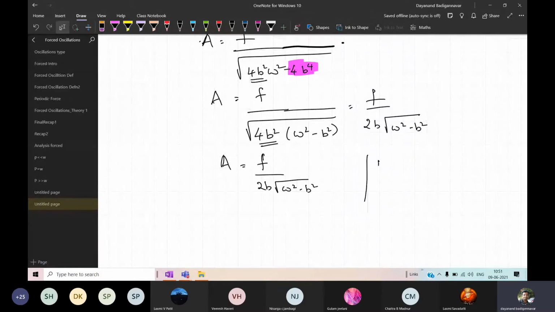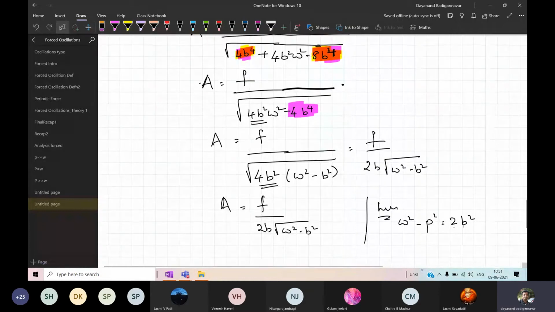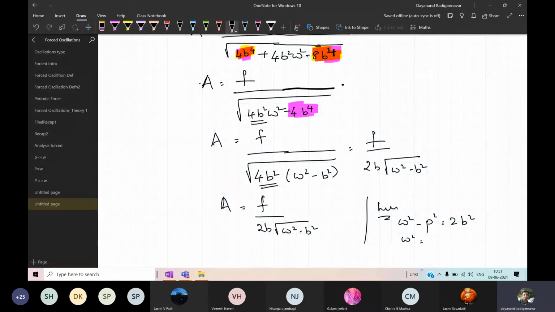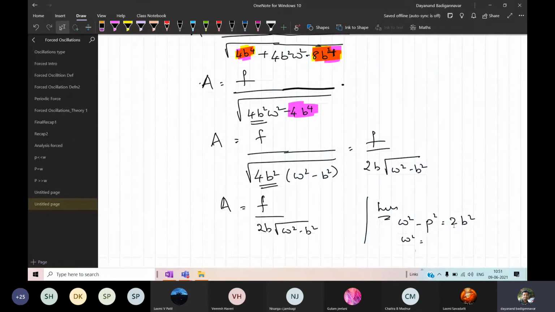Now here again you know that omega square minus p square is equal to 2b square. You already did that in the last part. You can do the substitution for omega square. Therefore omega square is equal to p square plus 2b square.